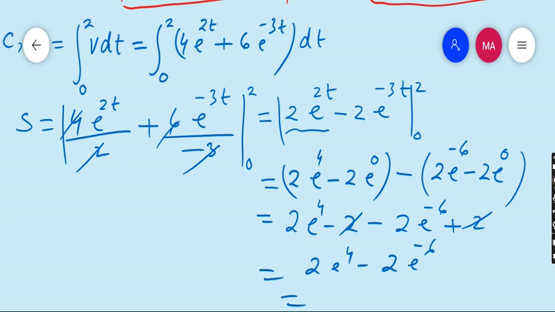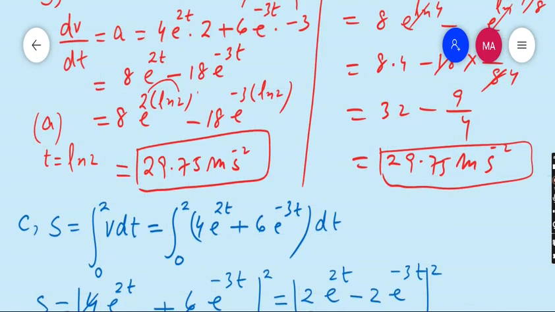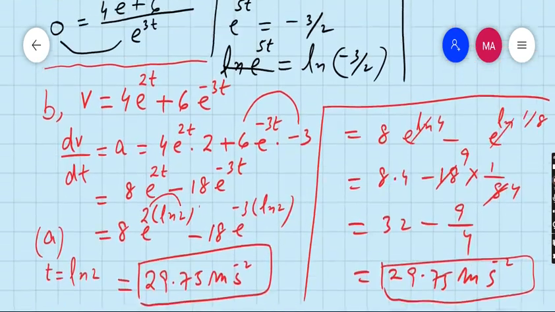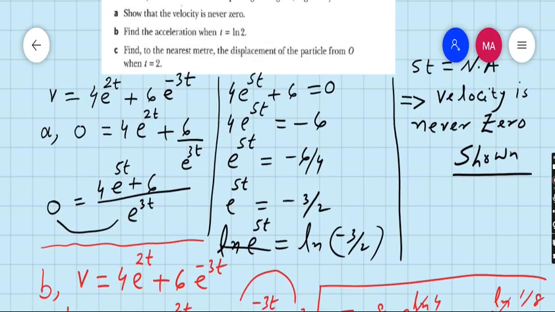109.19, rounded off to 109 meters. This is the final answer of part C, and this is question number 5. Hope you enjoyed the whole question, very important. All questions of this exercise are very important from the examination point of view.